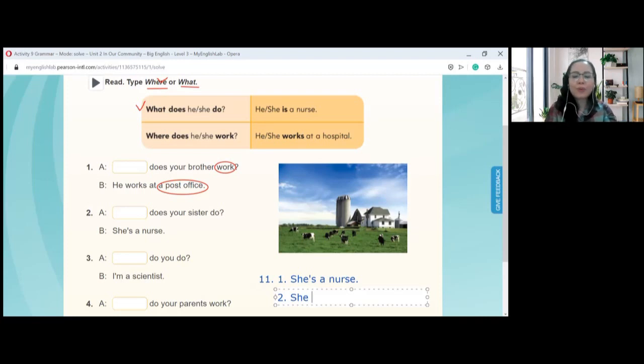Yeah, so we need to add the verb here, work, but because this is a singular, she works, yeah, she works, for example, in a hospital. Once again, this answer on activity 11, it depends on you. Great. Now let's move on activity 12, page 17.